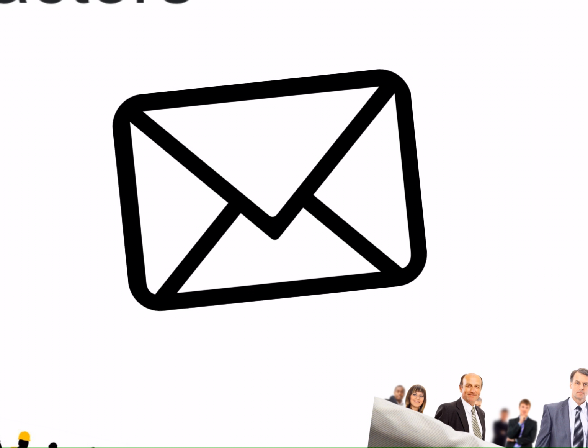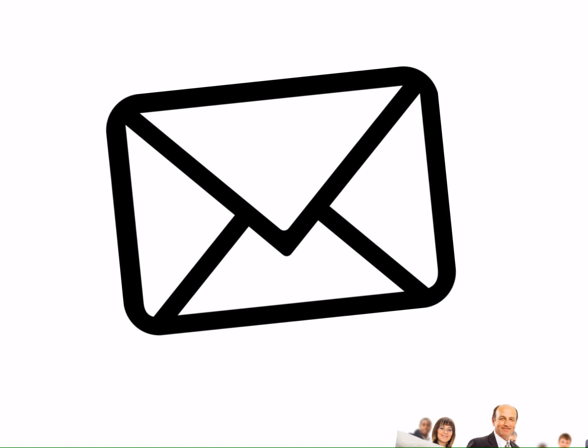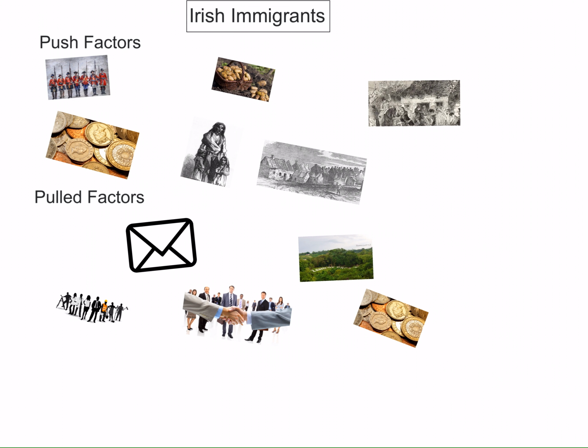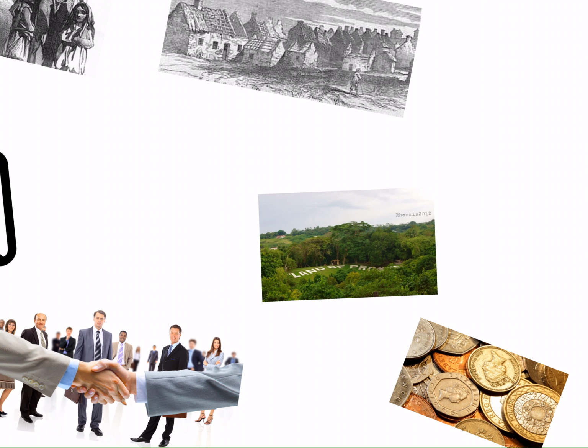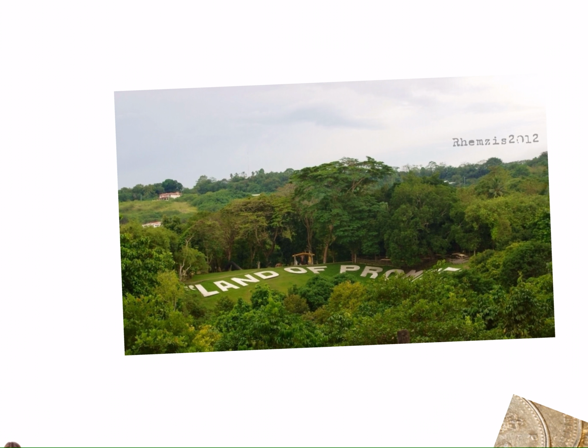As long as you work hard, you can be successful. So basically, the letters from their friends were one of the main pull factors. The letters said it was the land of promise. It was rich, it was successful, you can get anything you want as long as you work.